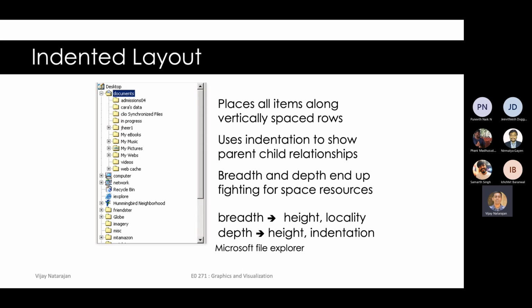The depth is also mapped to height, even though we use indentation to figure out the depth, it also uses up the height dimension, right? So in that sense, the Microsoft File Explorer maps the two different dimensions of the tree to the same space dimension.